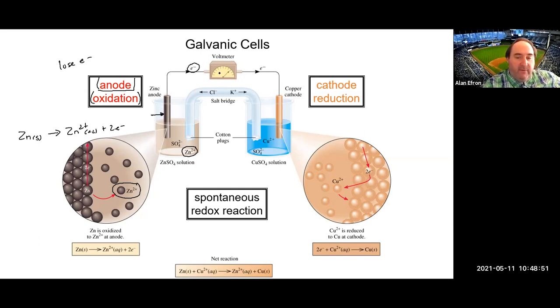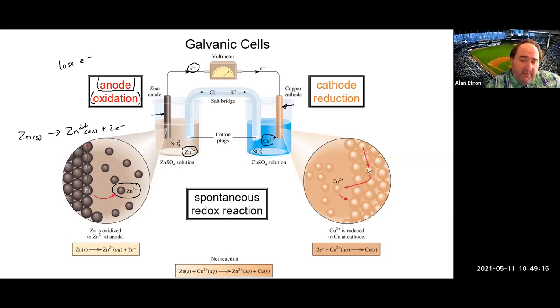Oftentimes we have a voltage meter hooked up there. As the electrons go through, we get a certain voltage, like a battery. Coming to the other side of our galvanic cell, we also usually have a solid electrode hooked up. This electrode is made up of copper, and we see a similar situation as on the left-hand side.